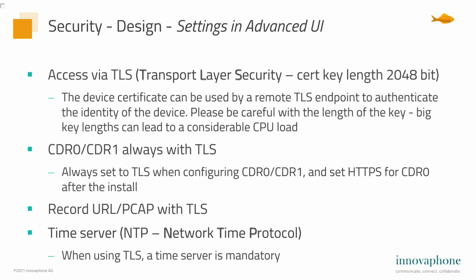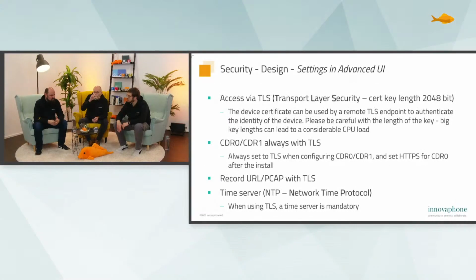Why is that? Because every change to a bigger key comes with a higher CPU load. It's six times more from 1K to 2K and so on. So if you have a big key, then you have a big CPU load.